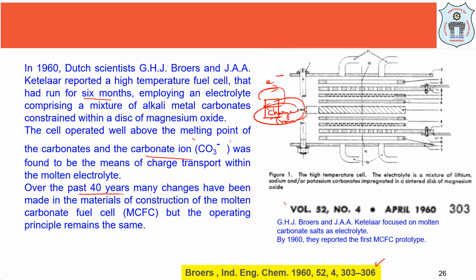Even though in the past 40 years many changes have taken place in the materials of construction of this MCFC, that is the molten carbonate fuel cell, the operating principle remains the same as we have discussed, including the reaction that is taking place.